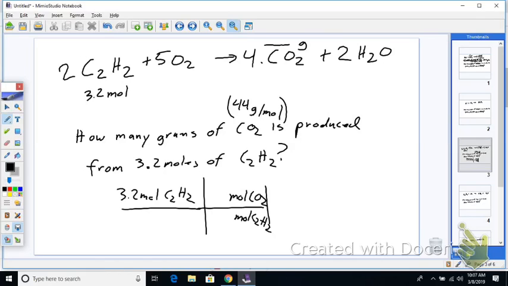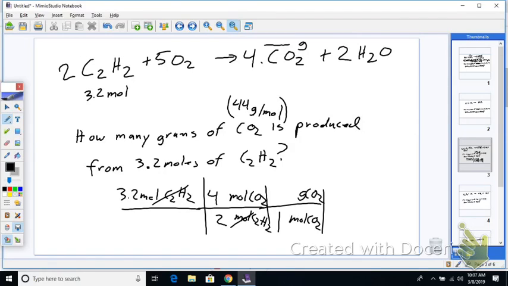So then I make that comparison, and it says it's a 2 to 4 ratio. So right now, if I stop, I'd have 6.4 moles. But I want grams. So now I can go vertical. So now I can go moles of CO2 to grams of CO2.